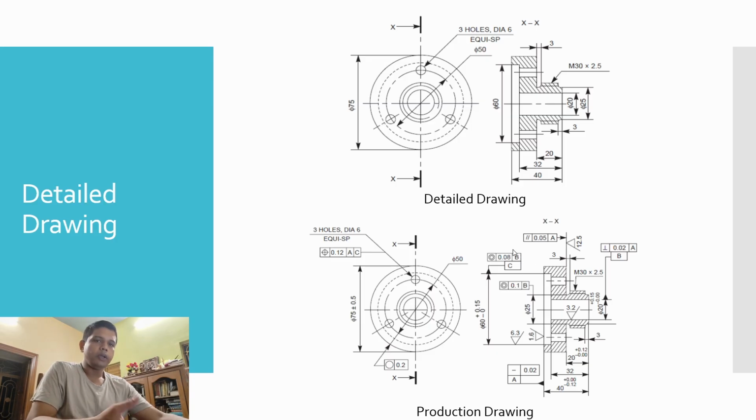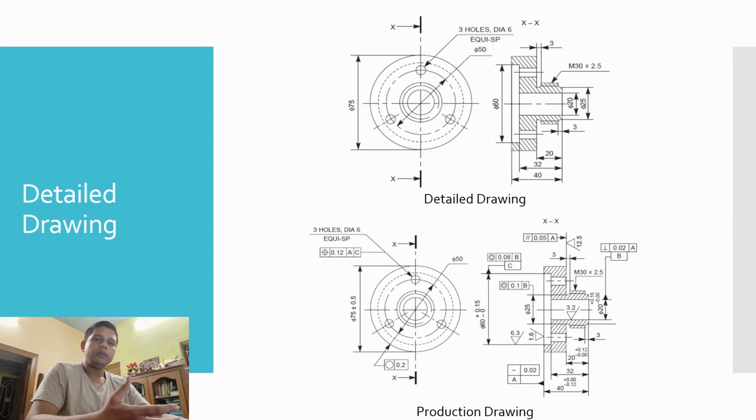I shall definitely make detailed videos in future on feature control of the ASME Y14.5 series that I have planned. But before proceeding with production drawings, you need to understand what feature control is, and what limits, tolerances and fits are, all that.